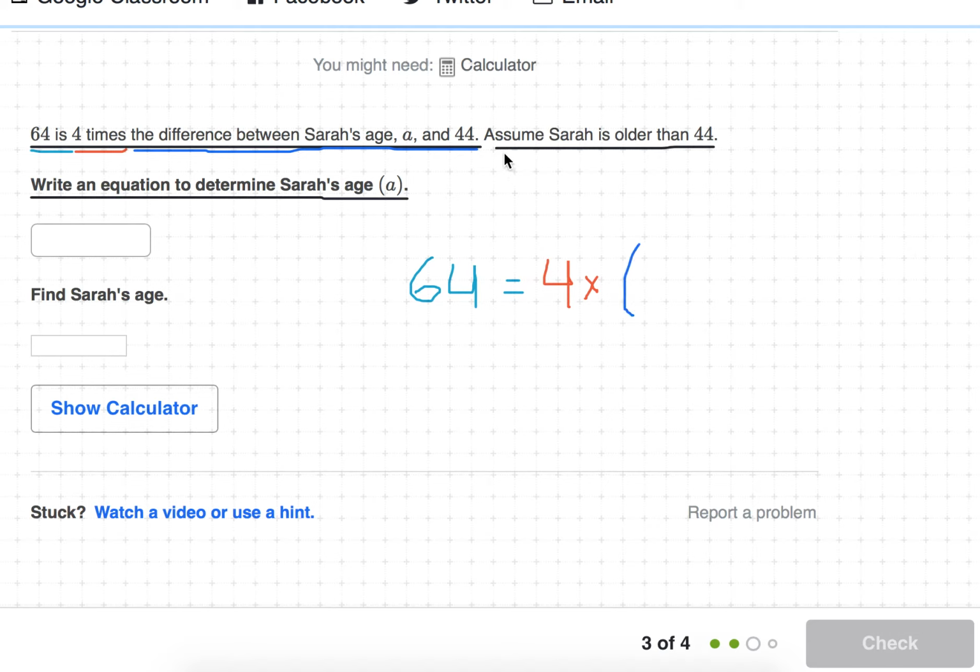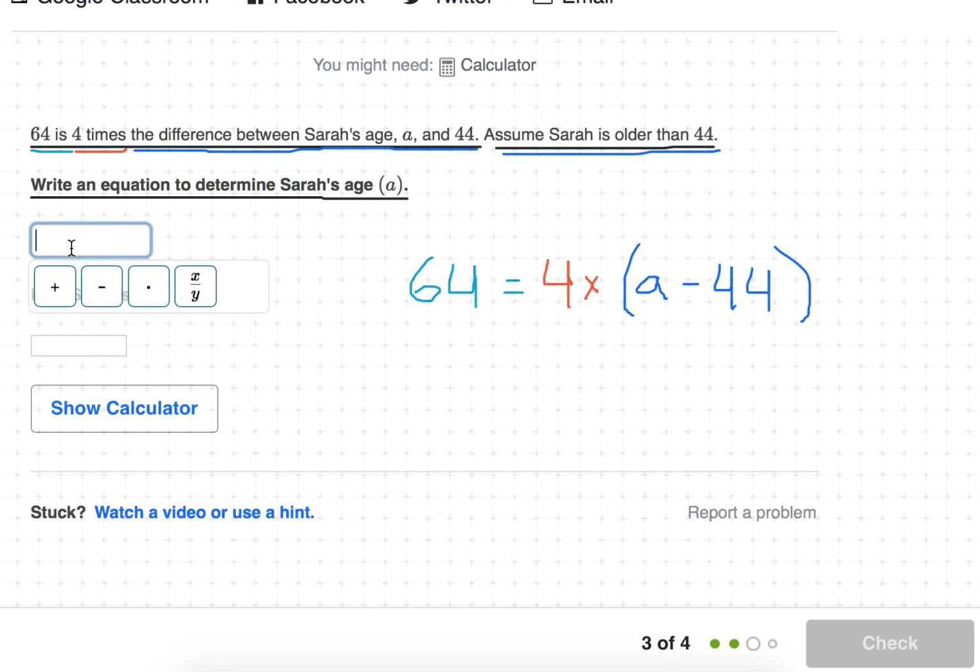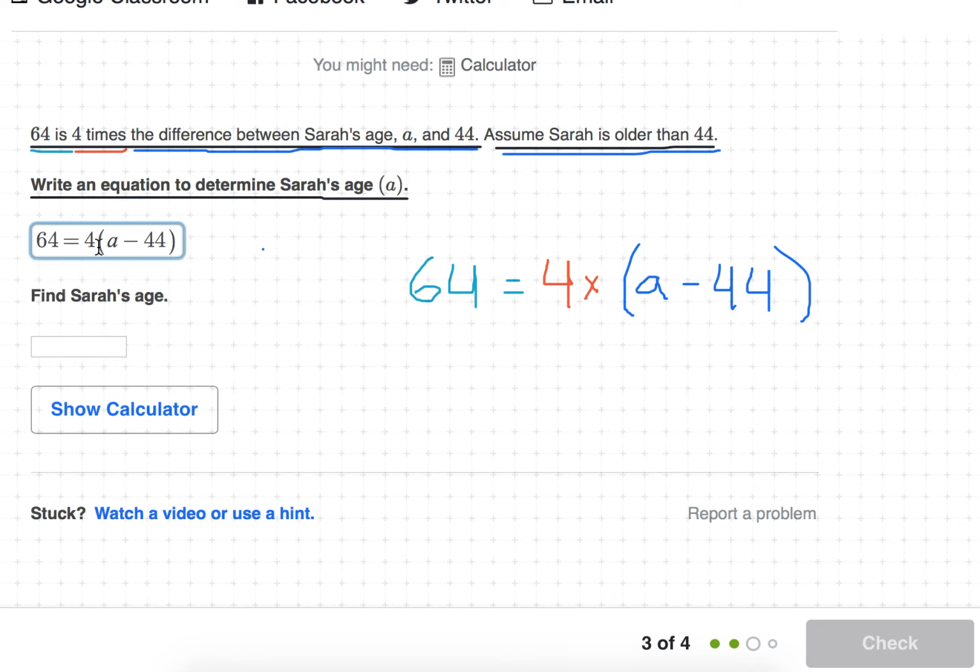And we're assuming Sarah's older than 44, so we're going to put her age first. And difference means subtract. So 4 times A minus 44. 64 equals 4. Now we don't need that multiplication symbol in front of the parentheses, right? Because if we just stick the 4 in front of the parentheses, it implies multiply.